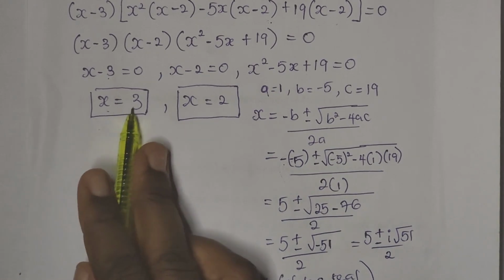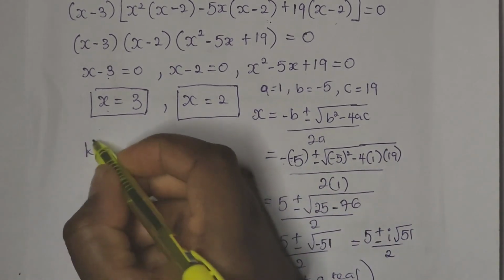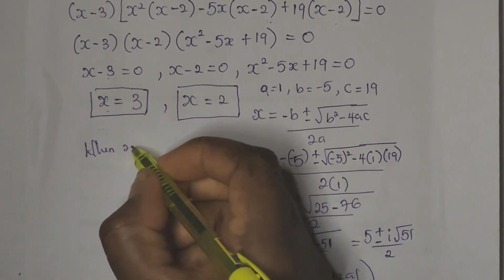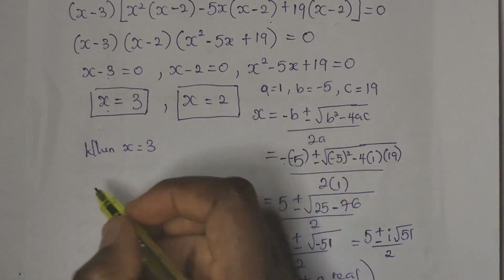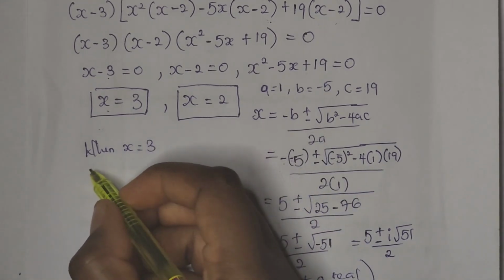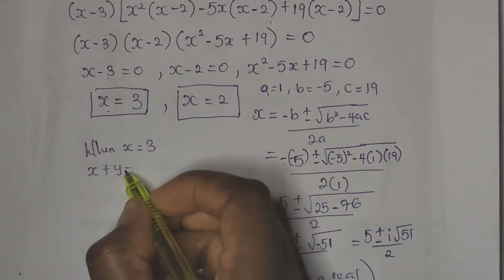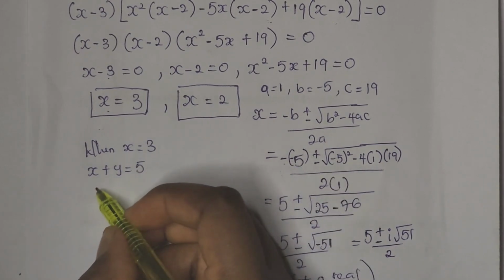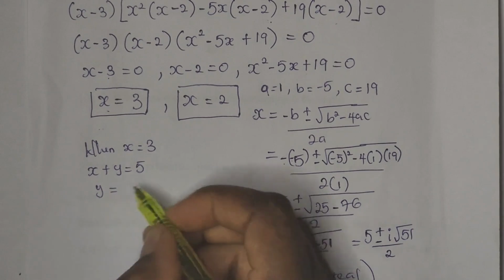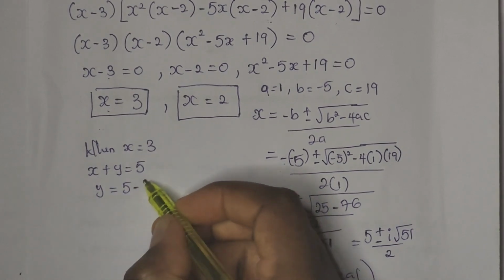So when x is 3, from equation 1, x plus y equal to 5, it means that y will be equal to 5 minus 3.